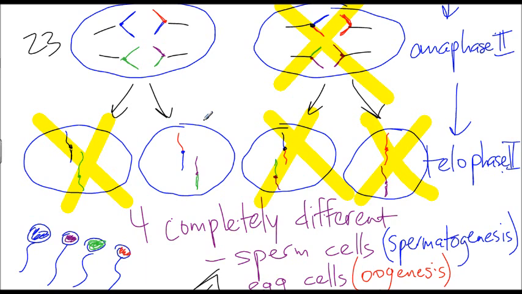But in females, meiosis begins in the ovaries before birth, and then it stops at about 12, 13, 14 years of age, when the female finally starts to undergo puberty. So females form all their eggs then, and they stop by the time they hit puberty, while males will continuously undergo meiosis.